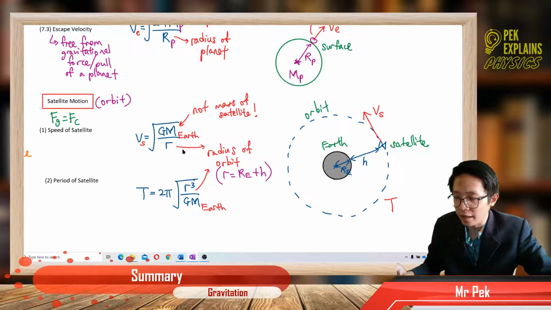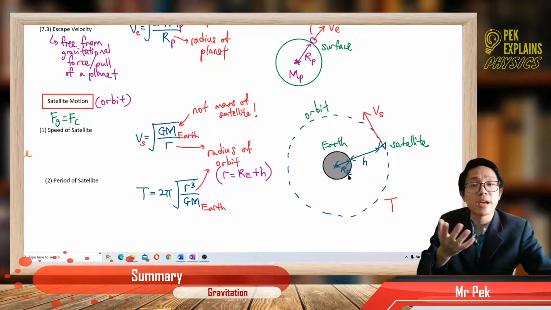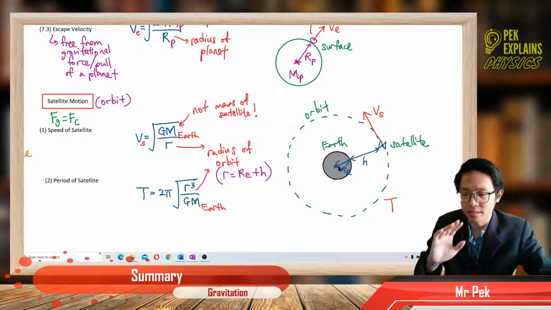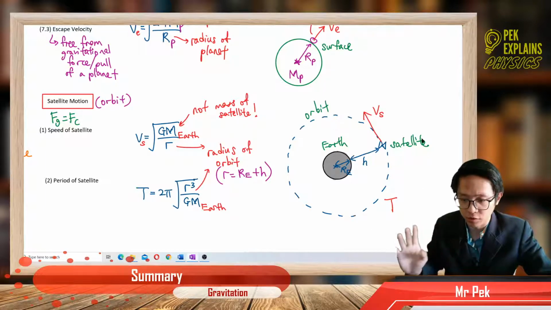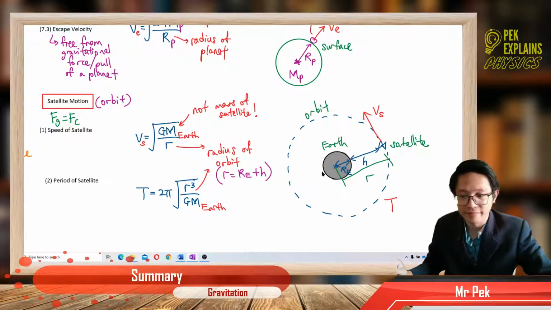To find this r, the radius of orbit, note that the center of Earth is actually the center of the orbit. They share the same center. So from here to here, this is the radius of the orbit.